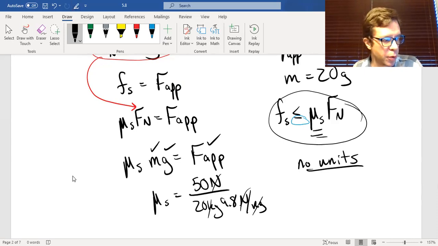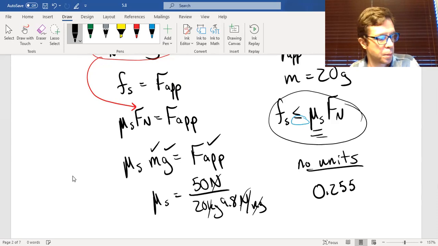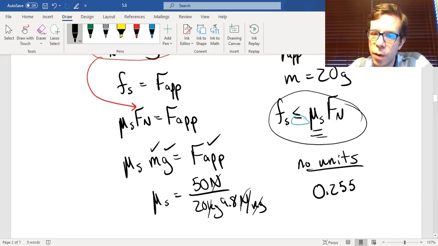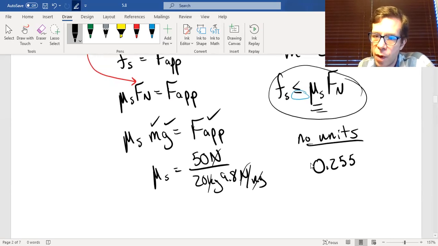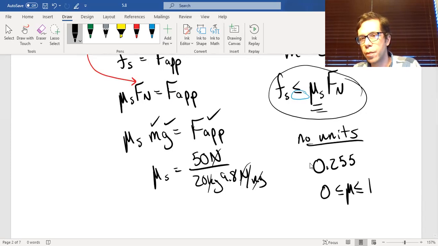All right, for this example, what does it come out to? It doesn't really matter what the number is here, but I'll go ahead and calculate. I got 0.255. In general, this is going to be a number between 0 and 1, true for both the static and the kinetic.